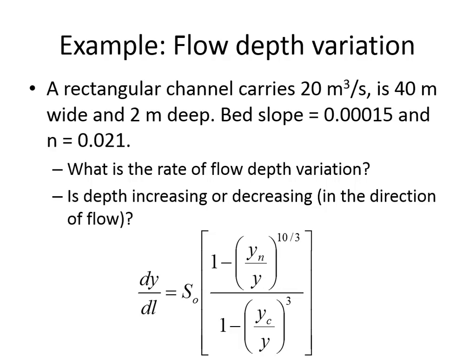Okay, the channel slope is 0.00015, and then 1 minus the ratio of the normal depth, which is 0.912 meters, divided by the given depth at this location of 2 meters, and all that to the 10/3 power. And then we'll divide that by 1 minus 0.2943 meters divided by 2 meters, cubed.